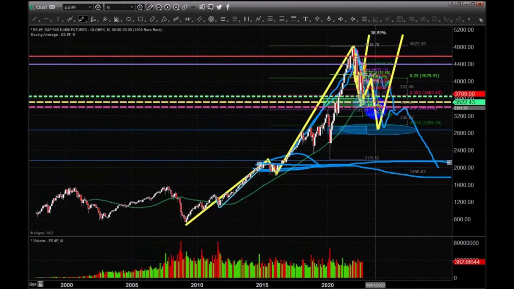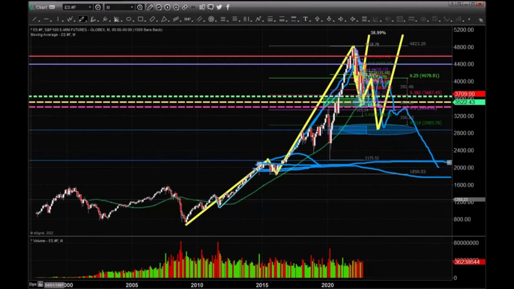These are going to basically determine whether we go up for the next 2 or 3 years or whether we break below this pink line and go down for the next 2 or 3 or 4 years, ultimately maybe targeting this 2000 or this 1800 level on the ES.